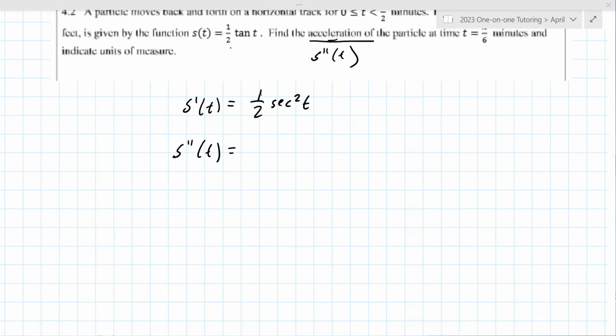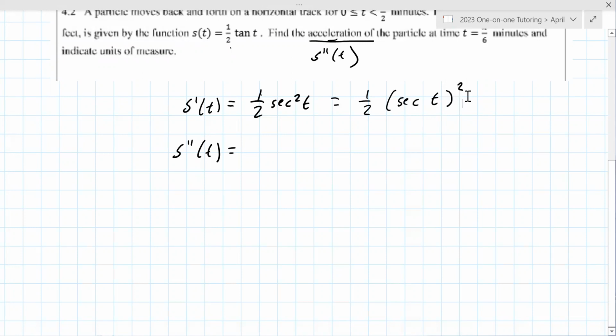Okay. Wait. So this one's kind of on your derivative table, kind of. It might help to look at it this way: 1/2 secant of t to the power of 2. Well, I don't remember what the derivative of secant of t was.